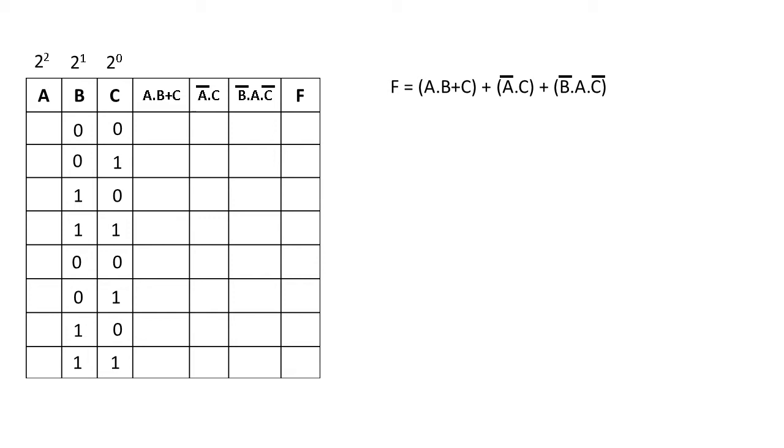In the a column we can see 2 to the power 2, that is 2 into 2, that is 4. So this column will be represented with four 0s and four 1s.